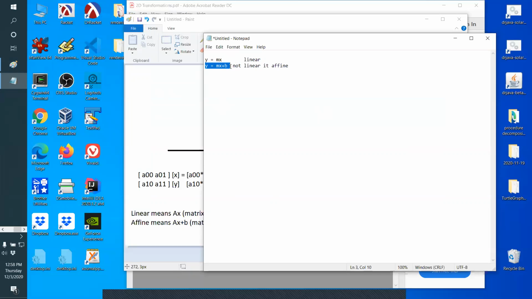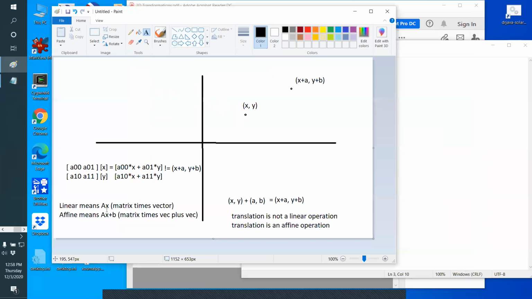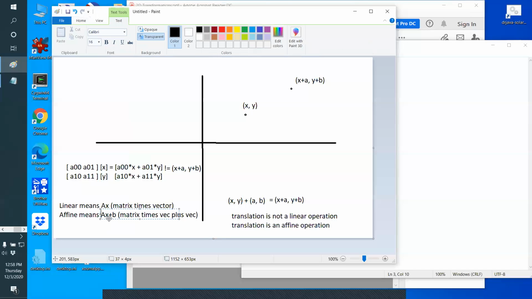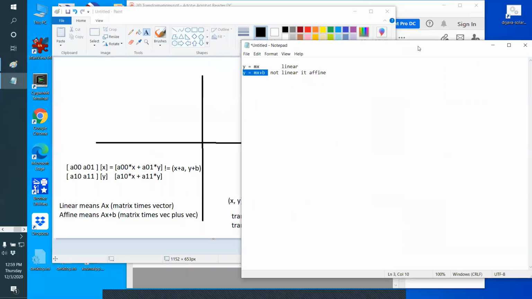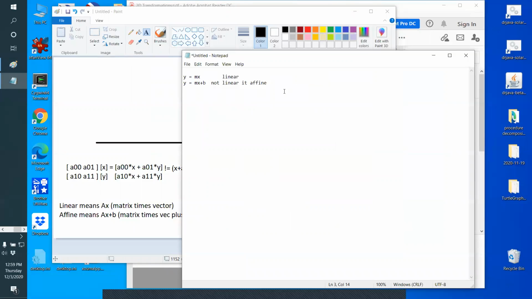Then you get to linear algebra class, and the equivalent ax plus b is no longer linear. In linear algebra class, it's all about linear operators, so you can't call this one linear. You have to give it a different name, and it's called affine. It causes confusion year after year, to all kinds of people, that what you were calling linear stops being linear and starts being this other name, affine.